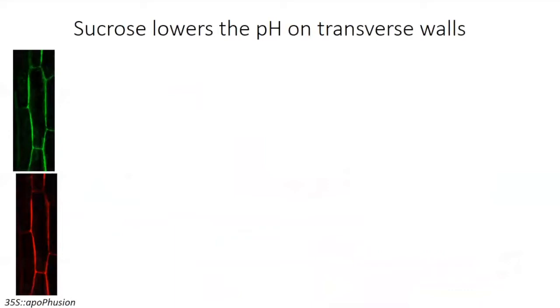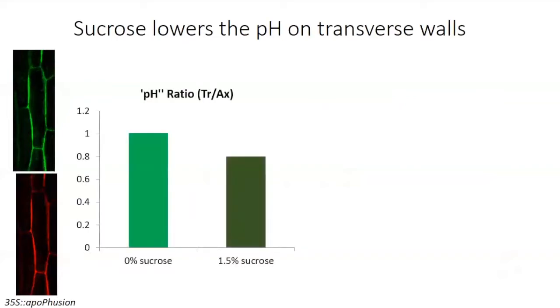And you look at the ratio between the two, because they're both produced by the same construct and they go to the same apoplastic space in this case, and you say, what is the ratio between green and red? And that should tell you something about the pH of the system, because this will get lower when you have more acidic pH.